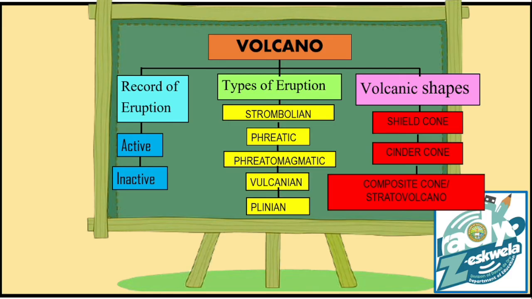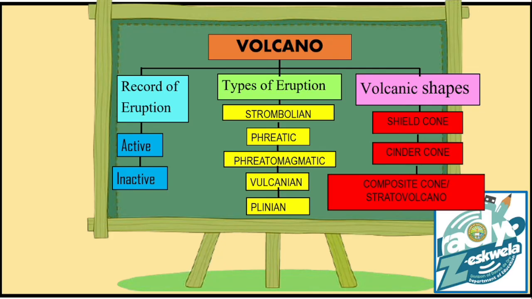Volcanoes are also classified according to its volcanic style of eruption. We discussed 5 types of volcanic style of eruption. 1 is Strombolian eruption. Strombolian eruption appears to have a distinct burst of glowing lava fountain.